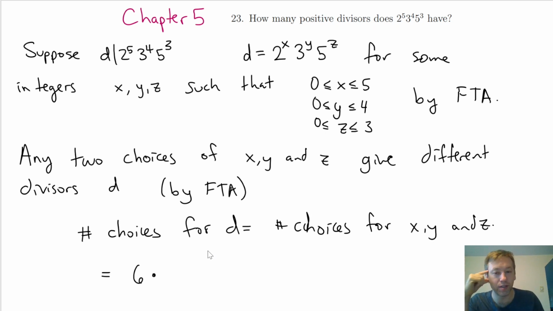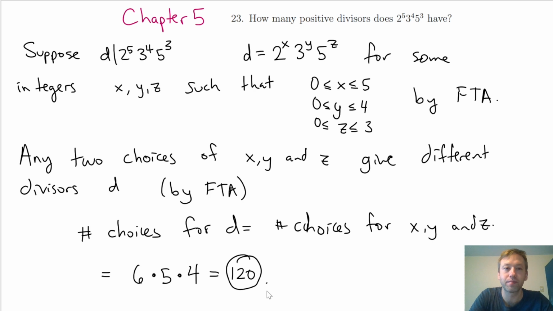Then there's 5 ways to choose y, and there's 4 ways to choose z. So it's whatever this is, like 120 or something. Okay, and that would be your final answer. Okay, so let's move on to the next question.